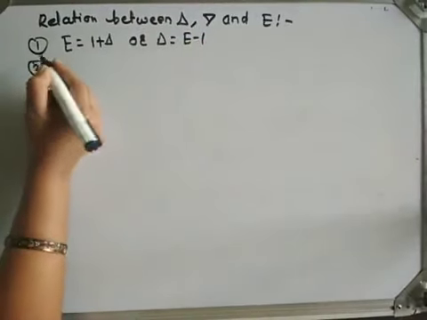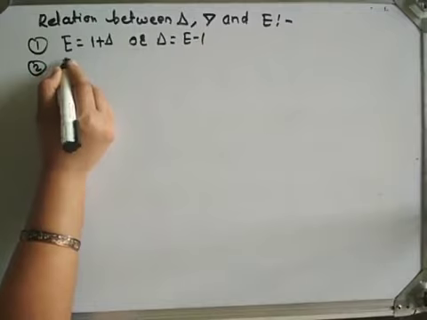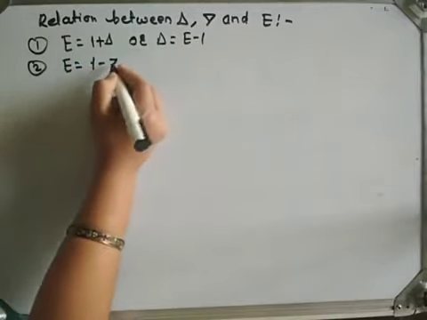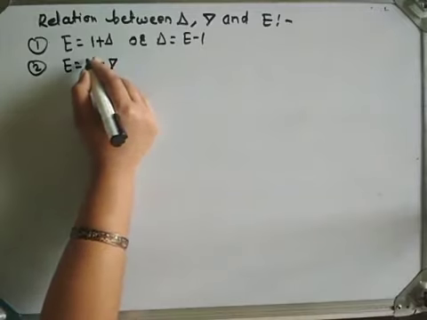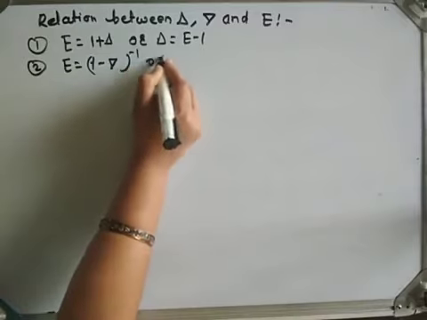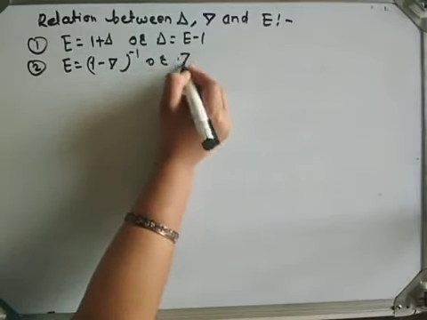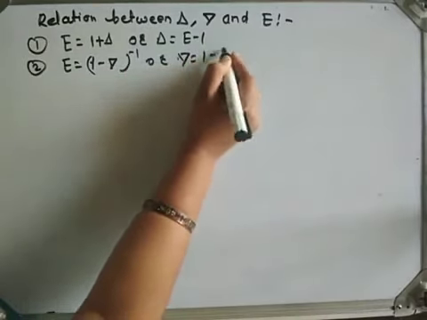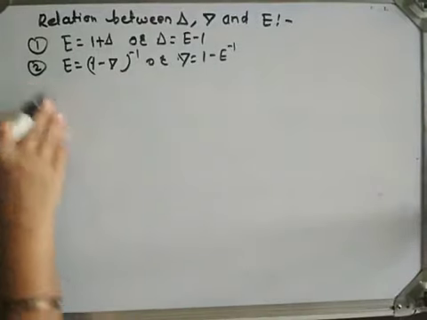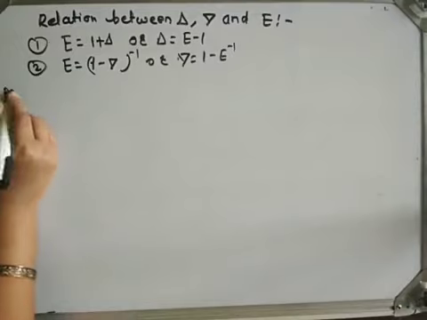The second relation is E is equal to 1 minus del inverse, or del is equal to 1 minus E inverse. Now we will prove these two relations.